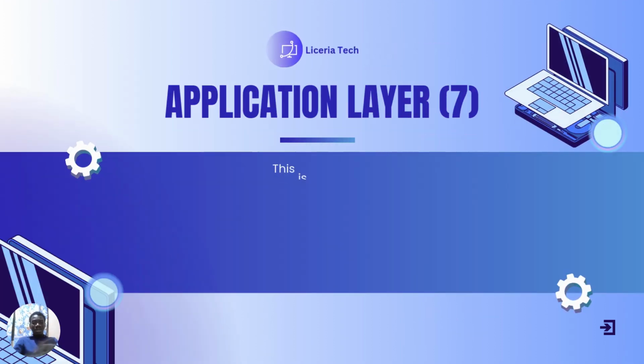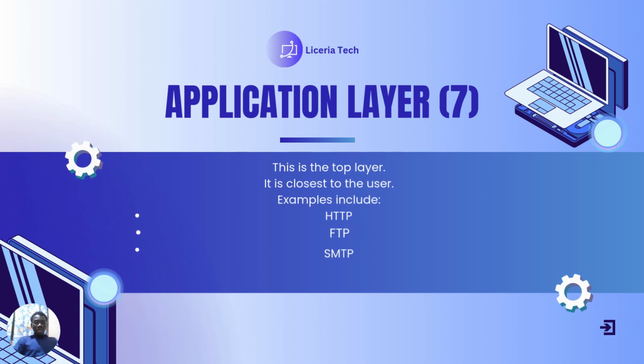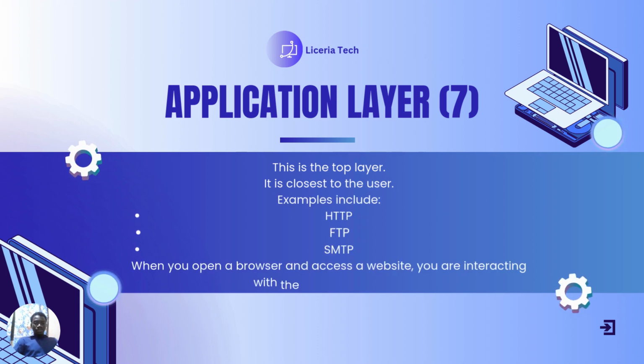So what is the application layer? The application layer is the top layer, and it is the closest layer to the user. In a way it is the interface of the application, and it also helps to send data to applications.